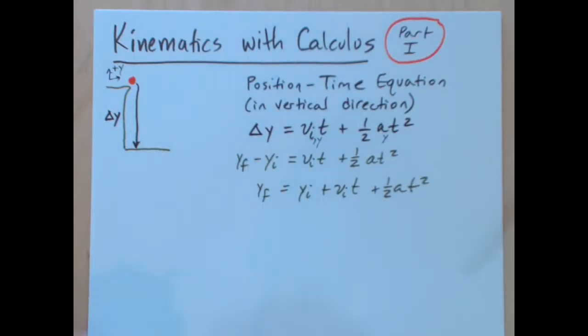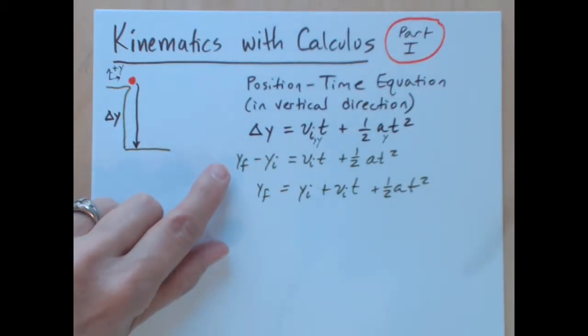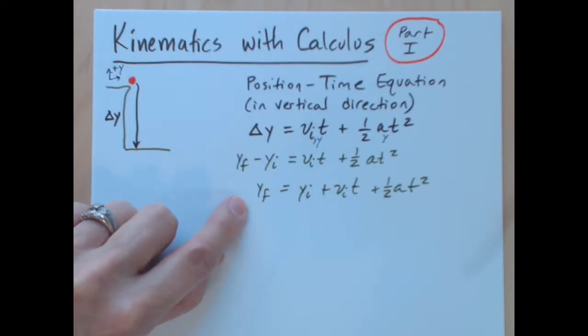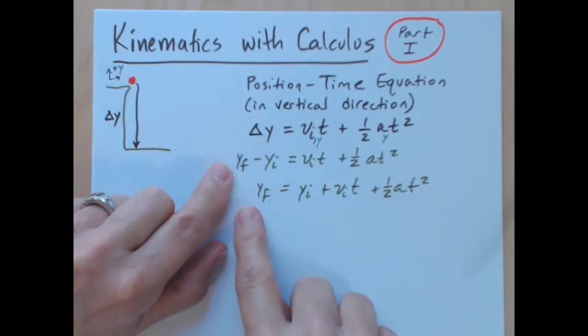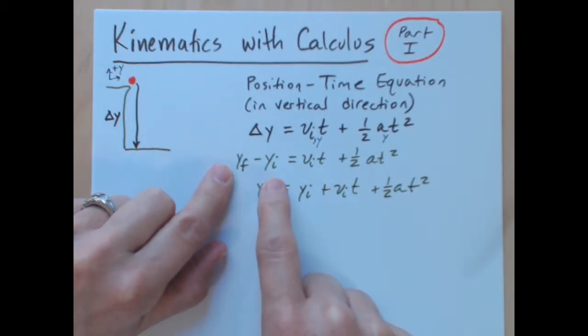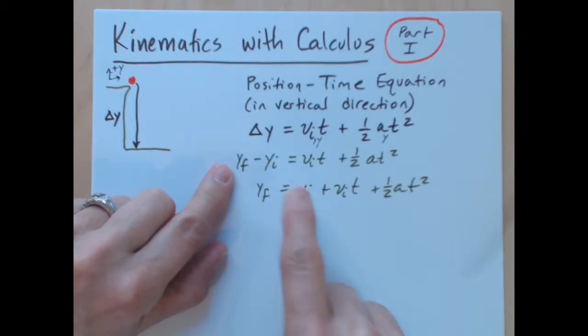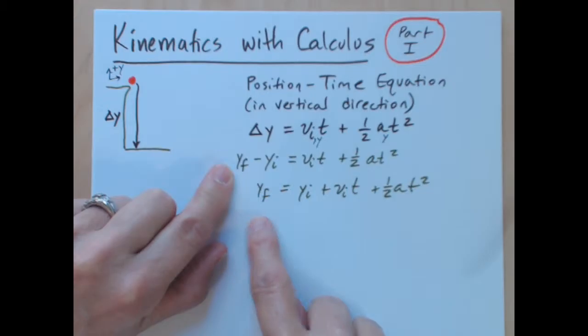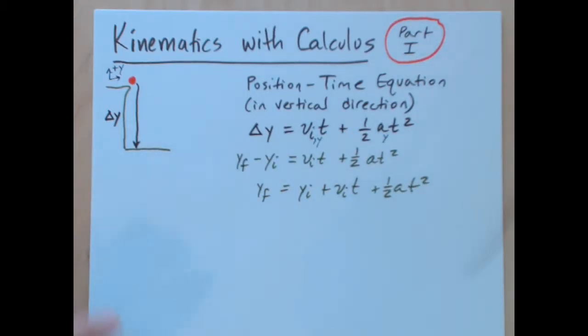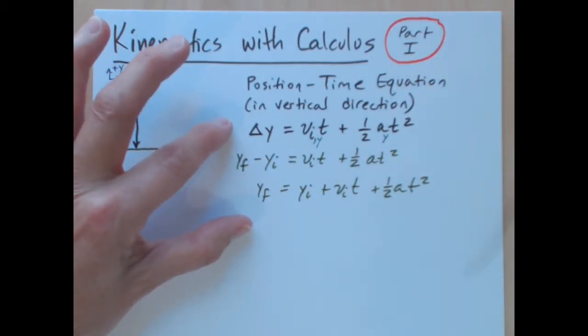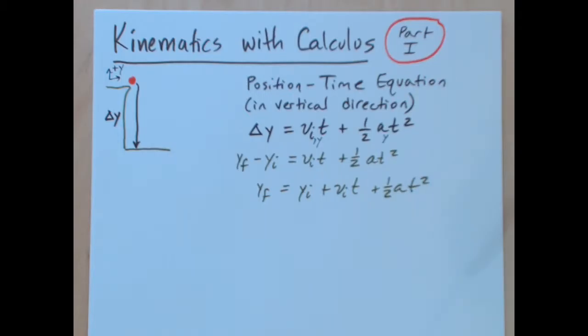The reason for all these variations is that it depends on the wording of the problem. From this step to this step, all I did algebraically was add y initial to both sides of the equation, which removes it from the left hand side and puts it on the right hand side. So this is just algebraic manipulation of this equation.